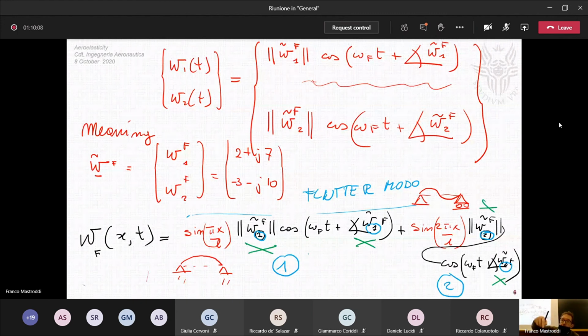And in this combination of the two structural shapes, you have two numbers weighting the contribution of the structural shape. These two complex numbers are the components of your critical eigenvector. So the critical eigenvector is an algebraic vector giving you the exact combination of your structural modes for obtaining the flutter mode. Okay, this is the conclusion of this first hour, and I have a break now.